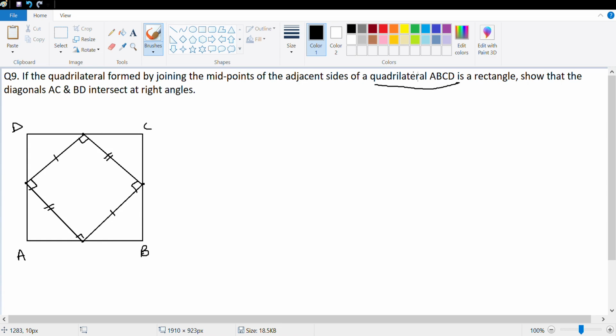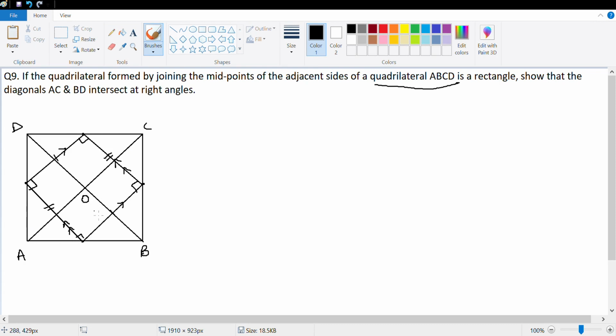It's only a quadrilateral. Perfect, but this is a rectangle, which means this side and this side are parallel, and this side and this side are parallel. Good. Let's make the diagonals as well. We need to prove that the diagonals intersect at 90°. Perfect. So done. Let's give them some names so that it's easier for us to refer to them.